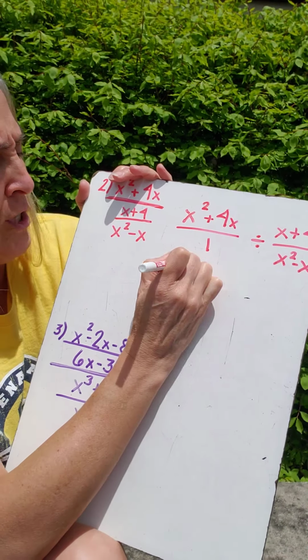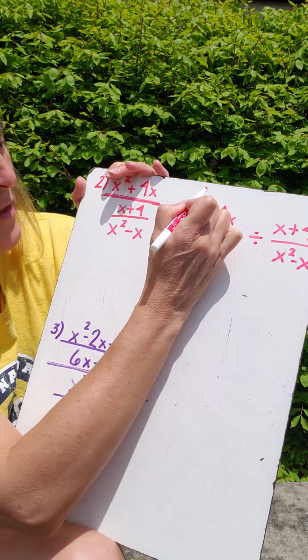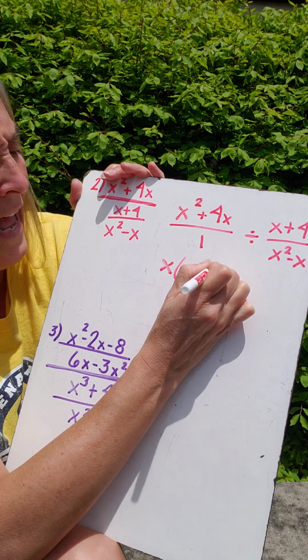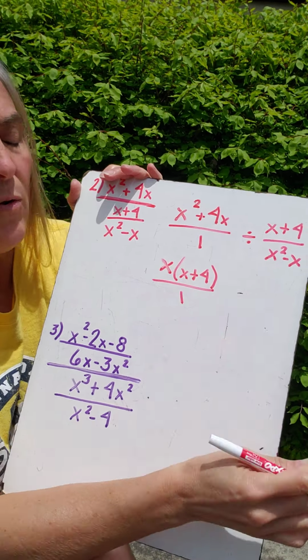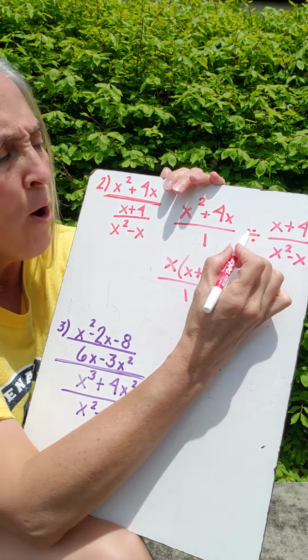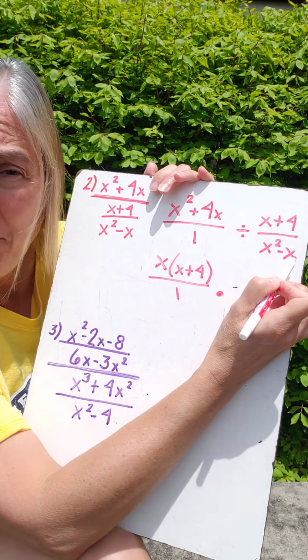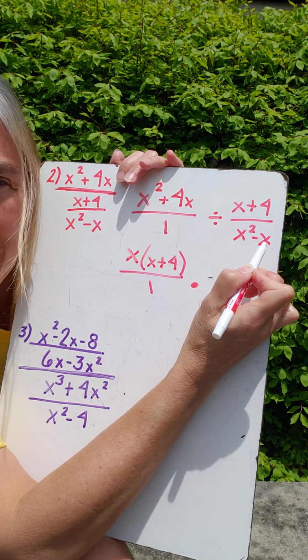So GCF of this first numerator, this term, is going to be an x, and I would have an x plus 4 left. That is still over 1. Now, when I change this, I go ahead and flip. And I think you guys are totally capable of this.